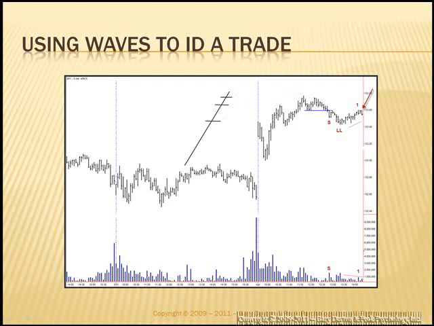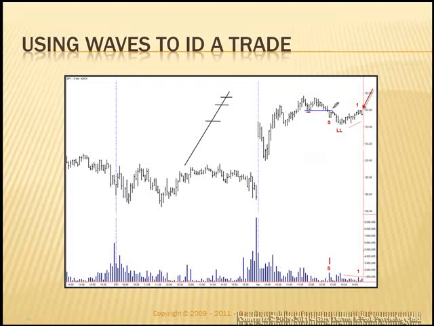Notice next, we have a support point here, right? And the market drives down through it, and it does so on an increase in volume. One thing and one thing only does that, and that is sellers adding supply to the market. Okay?